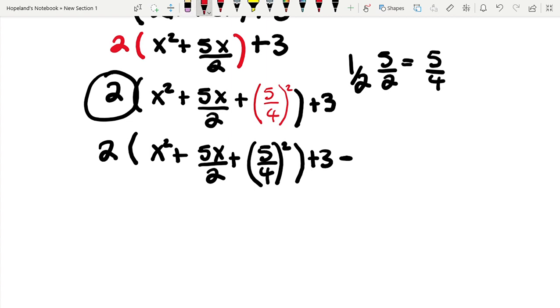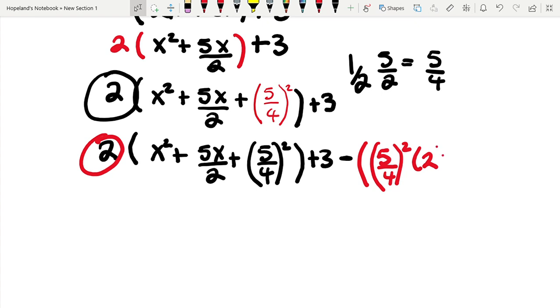What we're doing is subtracting the 5 over 4 squared that we had just added. But at the same time, you have to multiply by the number out here, so we'll put a 2 right there.